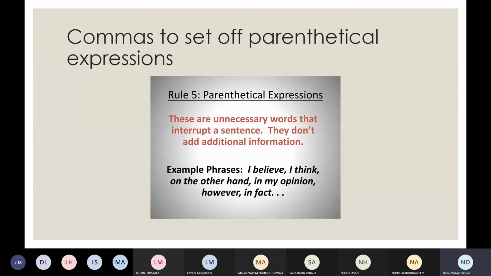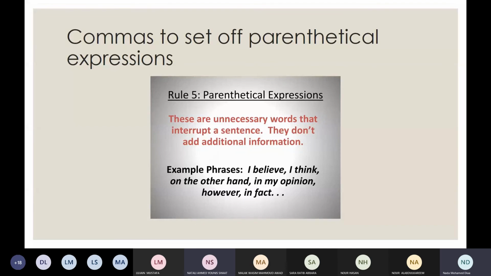Natalie? Yes, miss. Rule 5. Parenthetical expressions: we use commas when there are unnecessary words that interrupt a sentence.